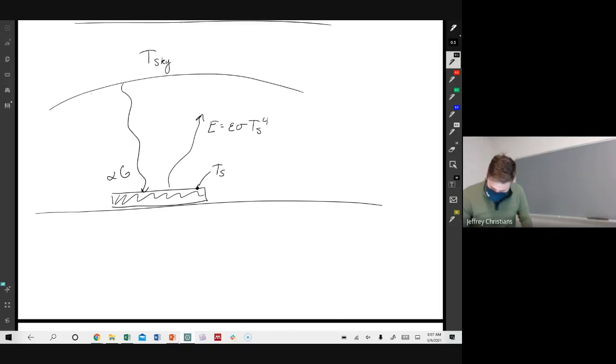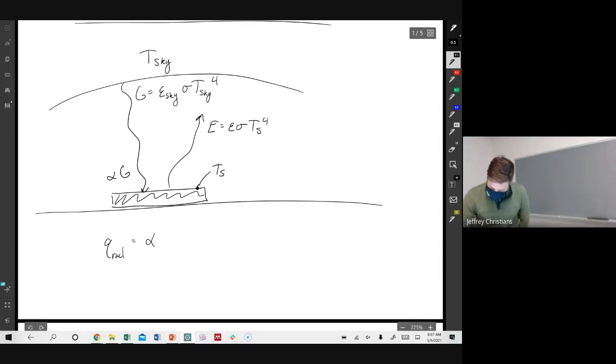So maybe out here, G would be equal to epsilon sky sigma T sky to the fourth. And this is where things get a little bit hairy. If you wanted to be as technically correct as possible, you could say Q radiation equals, what's the total incoming light?